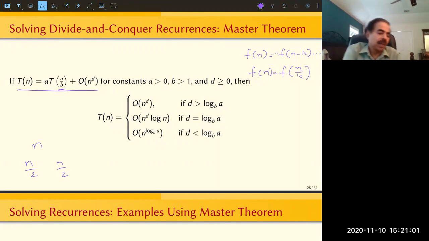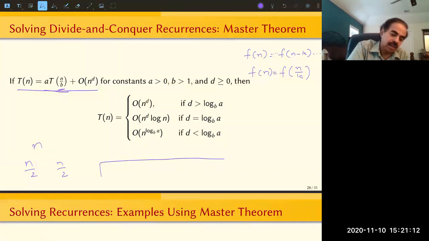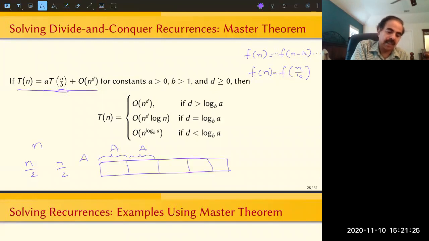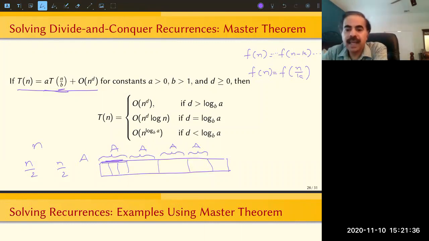Then we apply the same algorithm recursively on each of the b parts. So we are trying to apply some algorithm A, and we divide the input into several parts, and on each of those parts we apply the same algorithm. In turn, when you apply the algorithm on a part, it gets divided into smaller pieces and so on. We will see examples of this in the next few lectures.